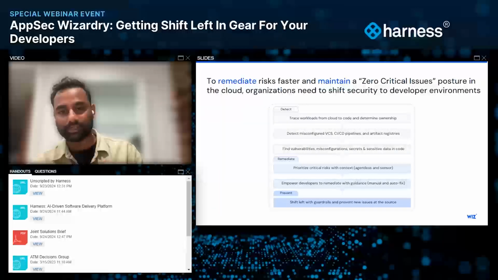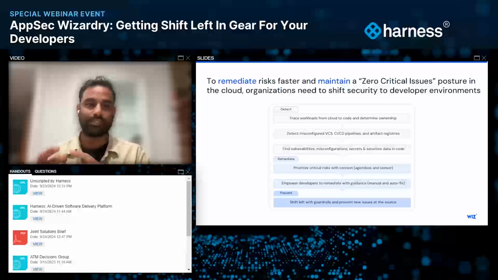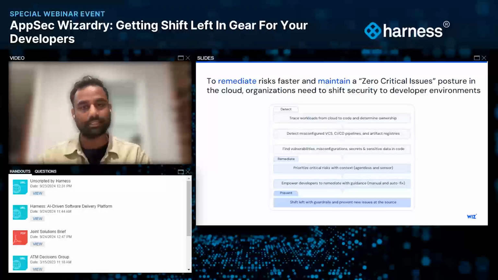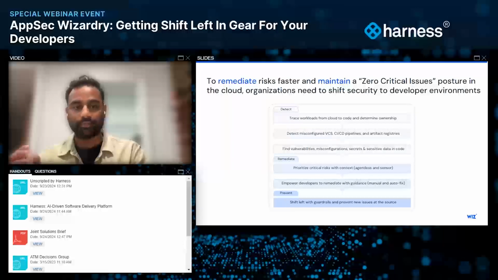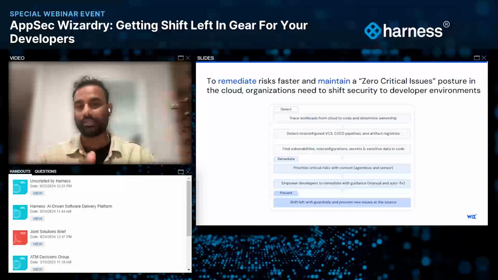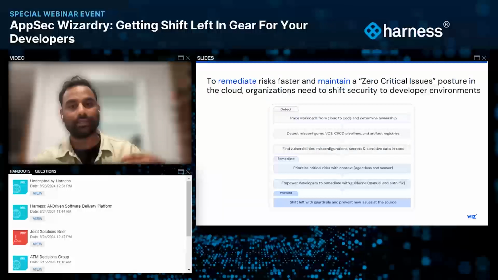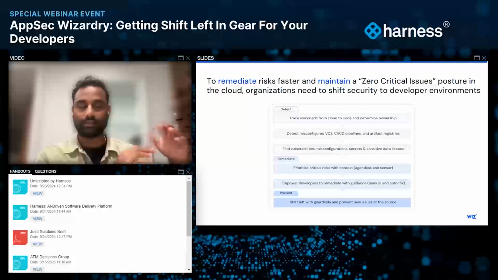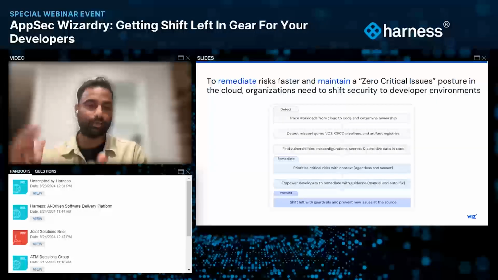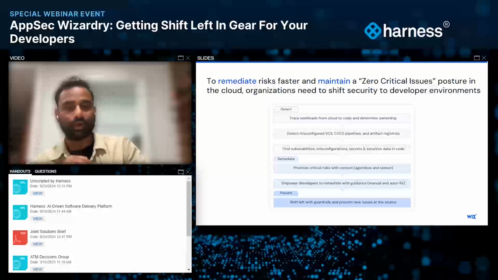And the second is prevention. If you're fixing a lot of these issues at the IDE level, the CI/CD level, the build level, then there's less and less risk getting into your production environment over time. And there's less of this, hey, there's an issue in production, like Sean said, and now it's going back to the developer. It's actually being fixed up front on the left itself, right?